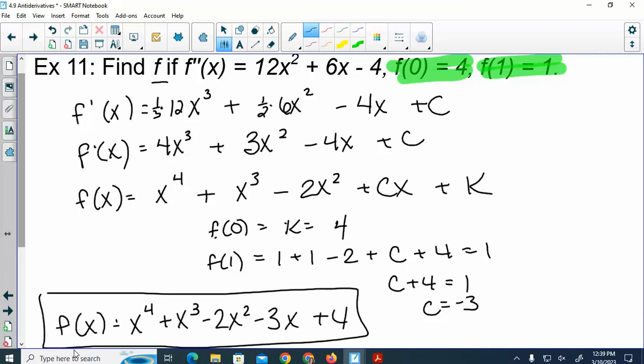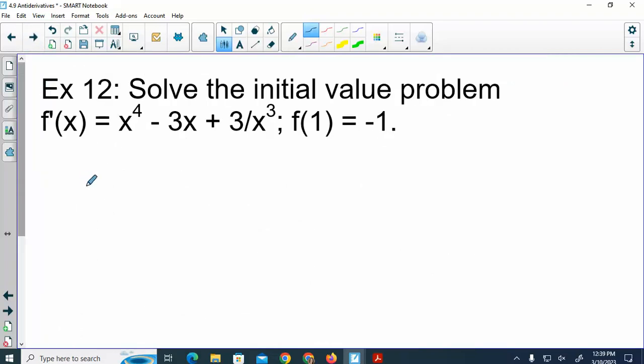Sometimes these are called initial value problems, if you have one of the values from the original function. So do you guys think you could do the antiderivative for this one and find the c? Are you ready to try one on your own, or should we do it together? Together? Okay.